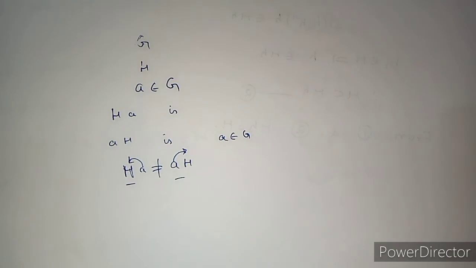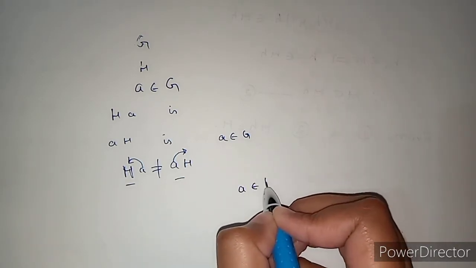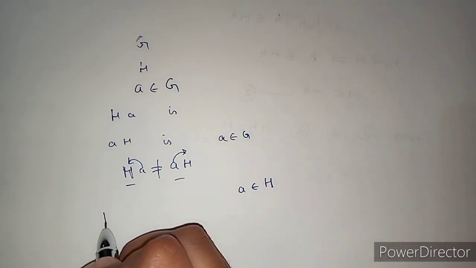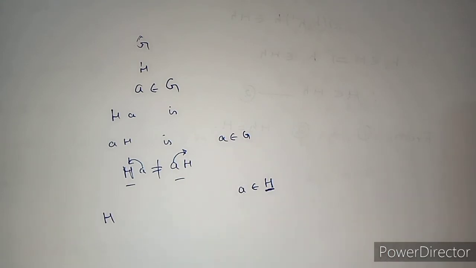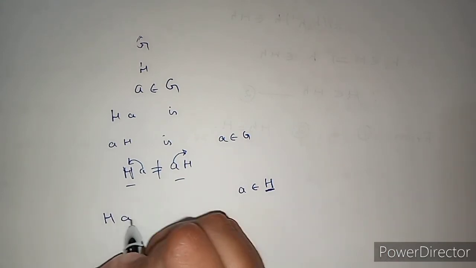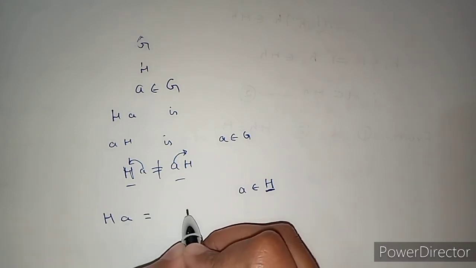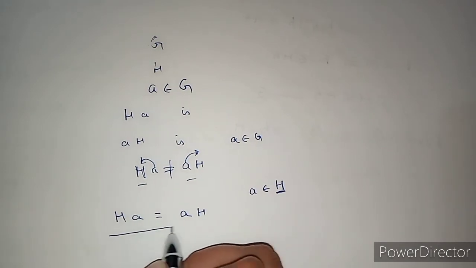Okay, but if A belongs to subgroup H, then if this A is multiplied to right side of H and again this A is multiplied to left side of H, these two are equal.